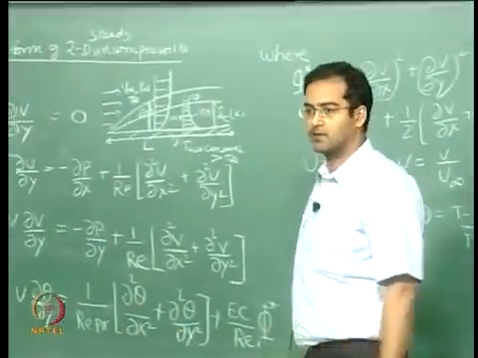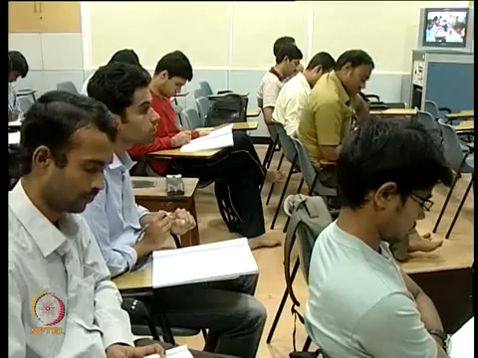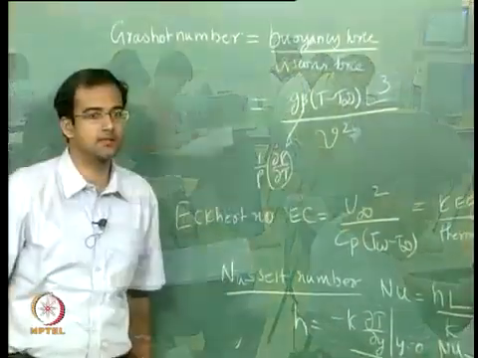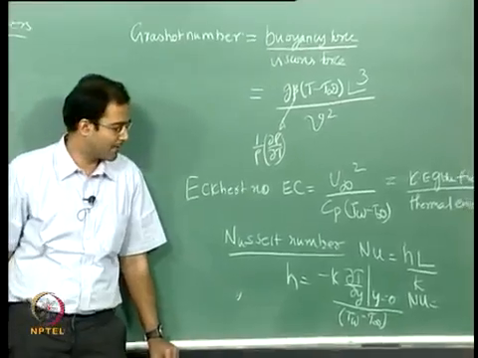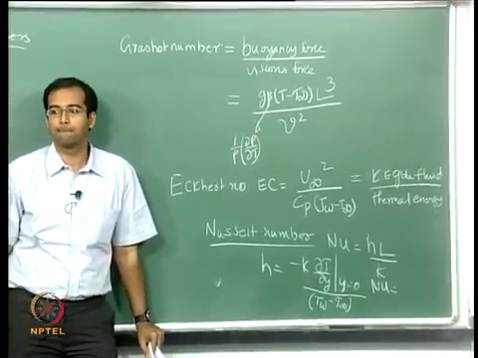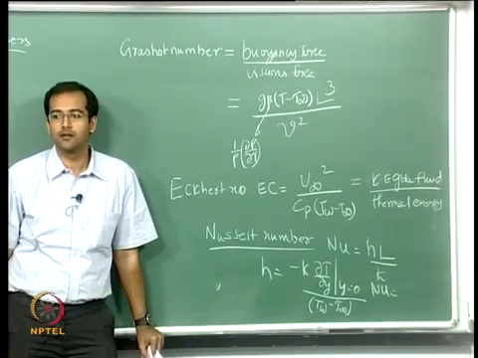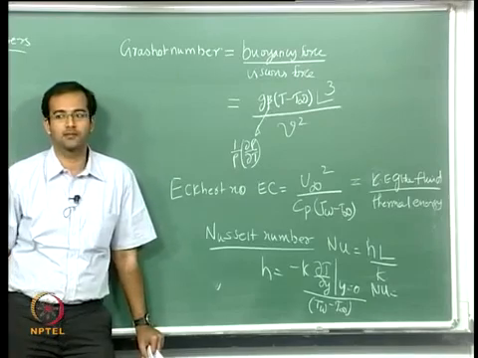It's a nice exercise, you can just try it out. I'll give you a couple of minutes. So what should be the expression? Into L by k. Now I want to calculate the Nusselt number.